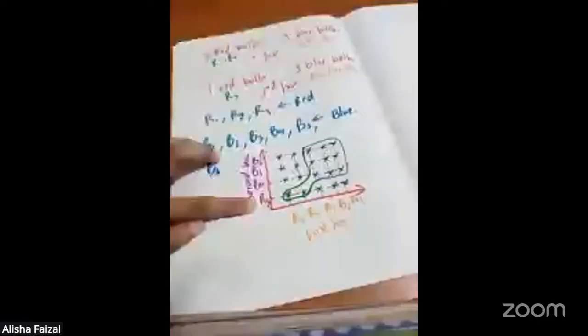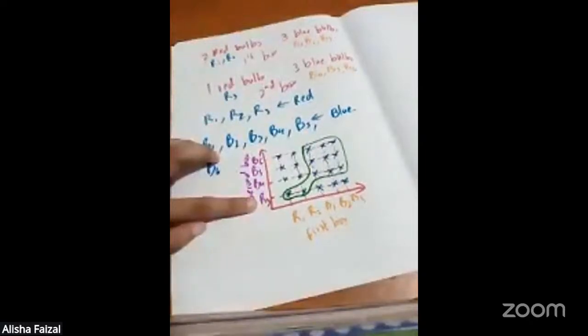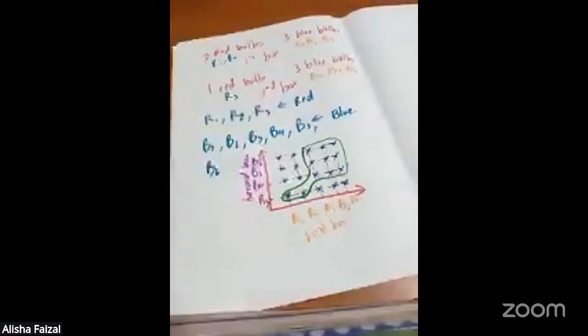For this one, here is red. Red and blue is the same color, right? The question says, the event of the 2 bulbs taken from 2 boxes being the same color. The question says same color. Okay?